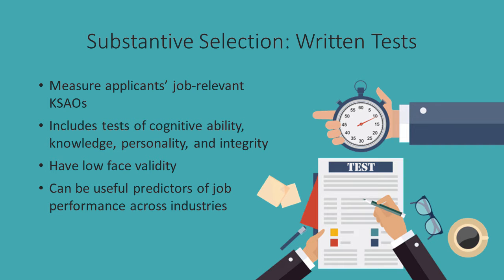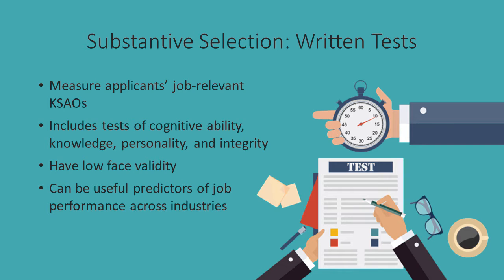The first category, written employment tests, measures applicants' job-relevant knowledge, skills, abilities, and other characteristics, KSAOs. Employers use tests of cognitive ability, knowledge areas, personality, and integrity to assess applicants' fit with the job. The major disadvantage of these tests is low face validity, meaning applicants don't see their connection to the job.